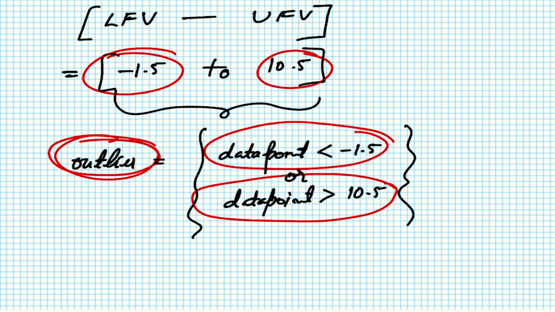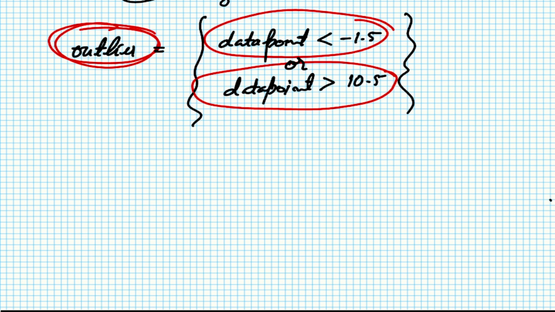Because of this outlier detection using the interquartile range, we can perform what is called a 5-point summary of our data set. This is very important. I'm going to do the coding of the next part now as well. Using the interquartile range, we can visualize the data in a slightly different format.